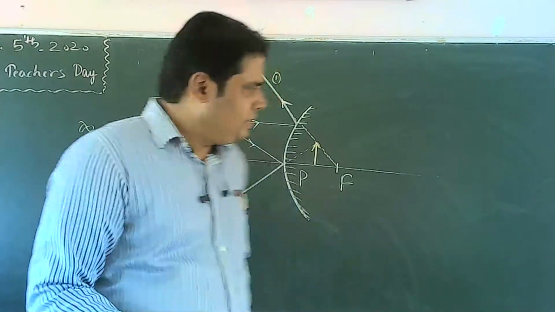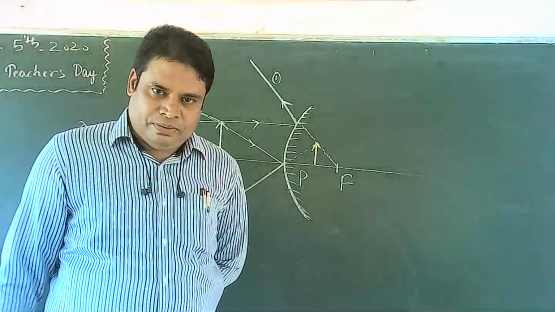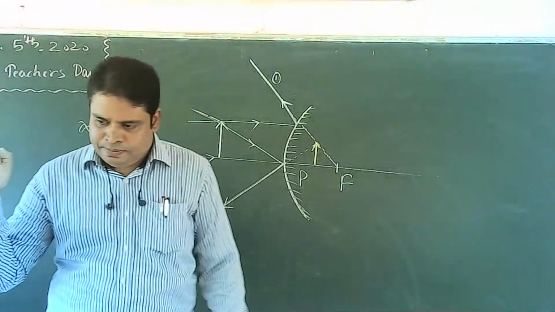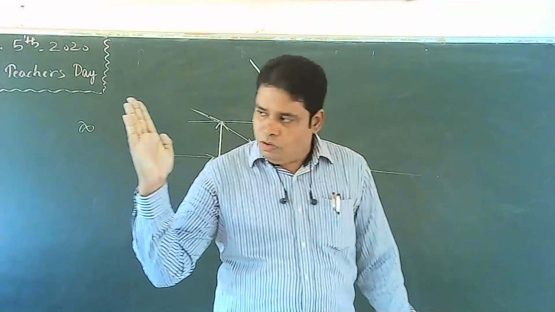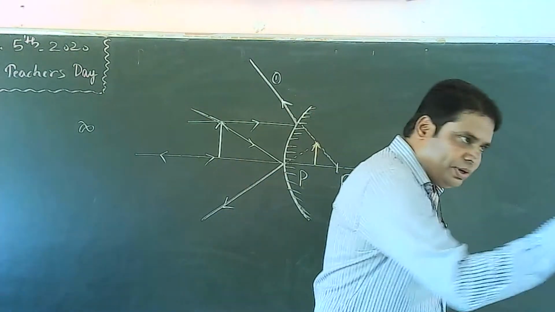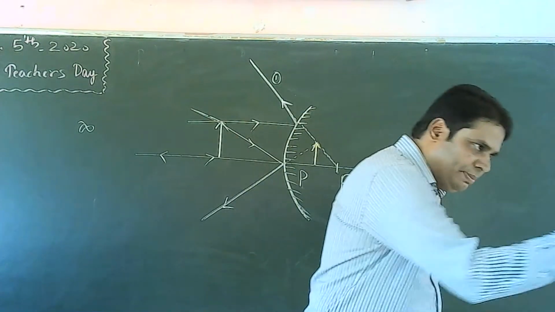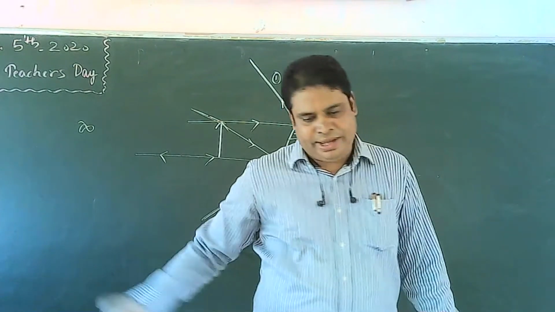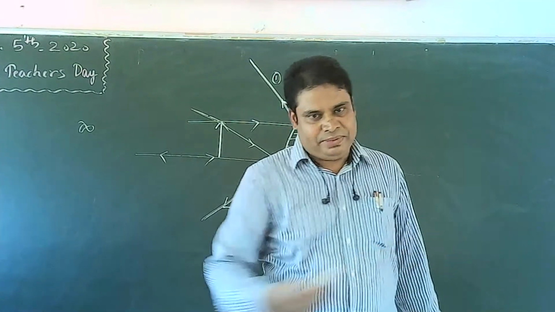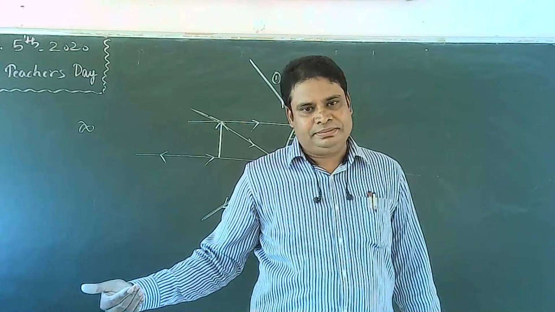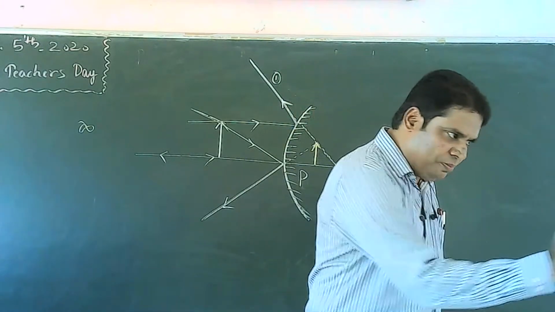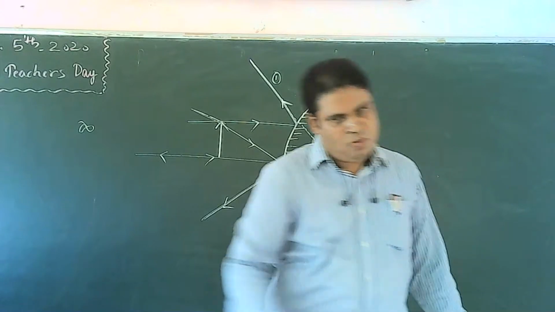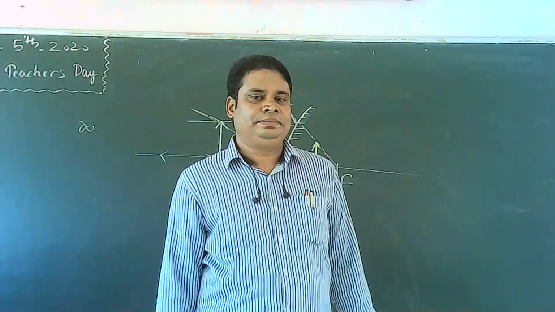One thing I would like to tell you: whenever the object is moved towards the mirror, the image will move away from the mirror. Whenever you move the object towards the mirror, the image moves away from the mirror.